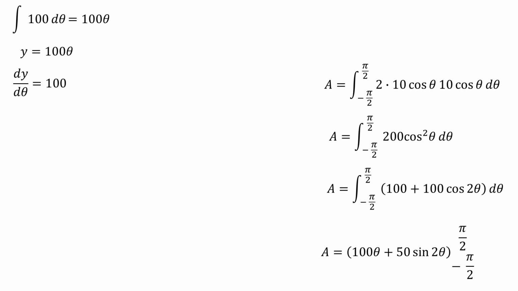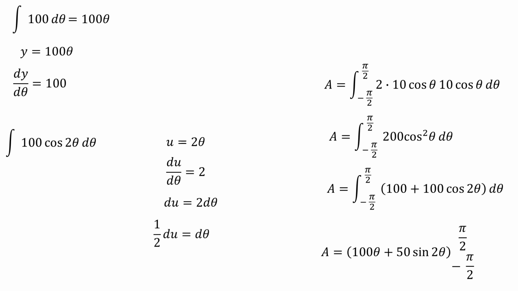Now, if you're wondering where that 50 sine of 2 theta comes from, well, if I want to integrate 100 cosine 2 theta, handy u substitution, right? And when I do that u substitution, notice I get a 1/2 du.